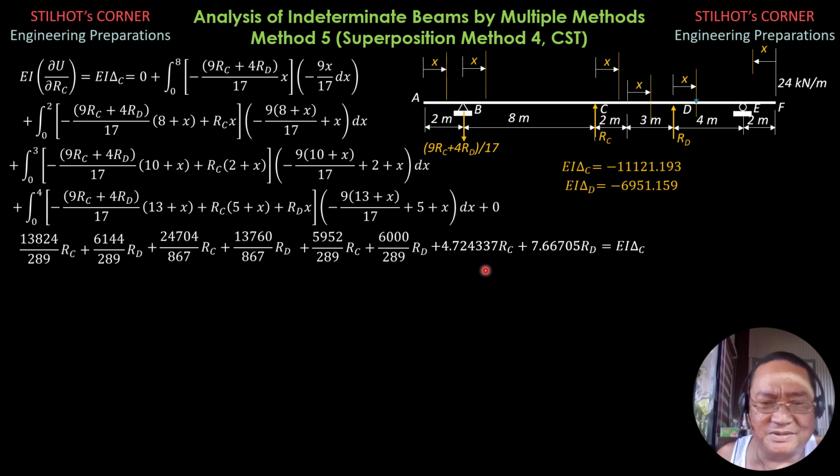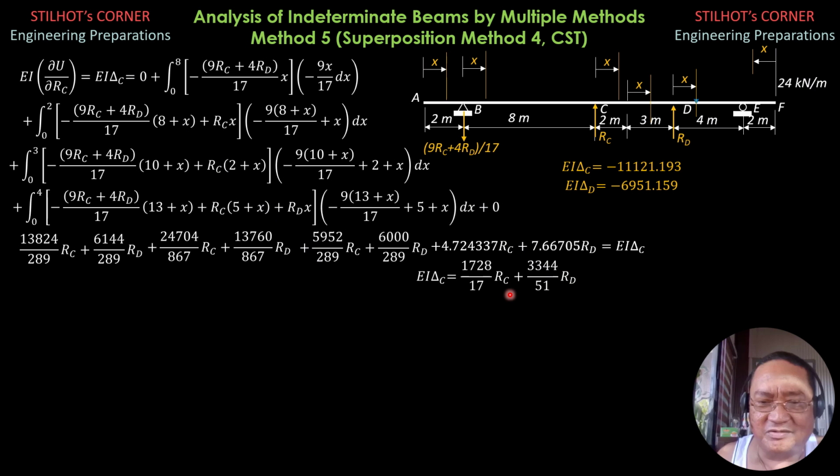Combining like terms, do not follow this value. Just leave the answer from your calculator, then combine like terms here. Then we have EI delta C equals 1728 over 17 RC plus 3344 over 51 RD.